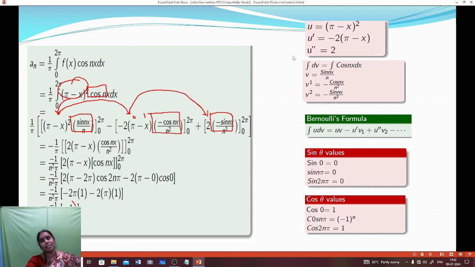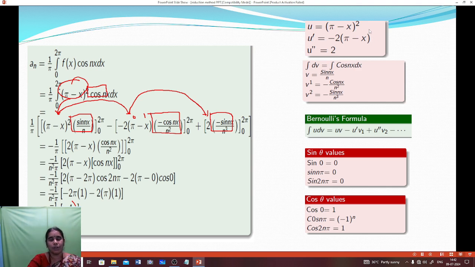For that reason, just take u alone, (pi minus x) the whole square. This is named as u. We have to differentiate. First derivative, which is named u dash. U dash is equal to, on differentiating this by using the formula of x power n is equal to n into x power n minus 1, we are just putting our power in front of the function. So, 2 into (pi minus x) the whole power 2 minus 1, which is nothing but 1.